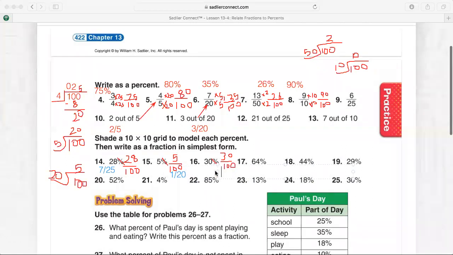When I simplify here, I divide up and down by 10, so it will be 3 over 10. That's for this lesson.